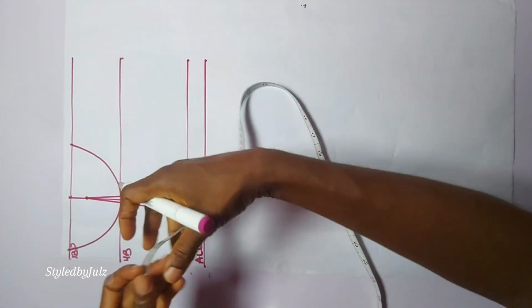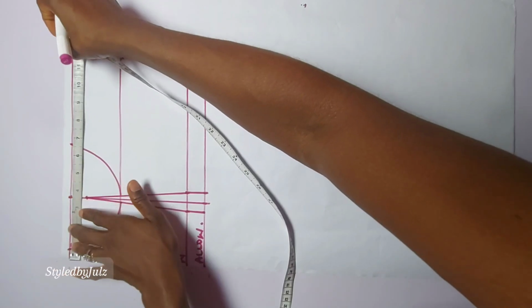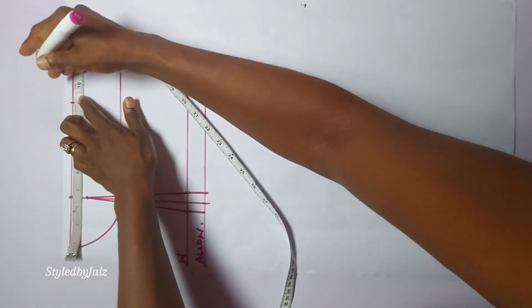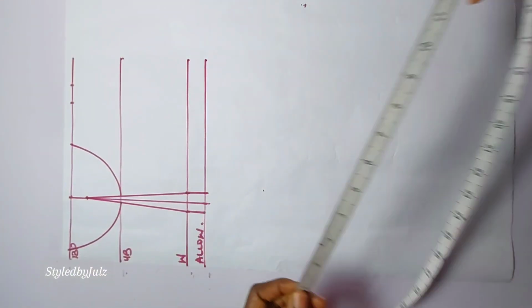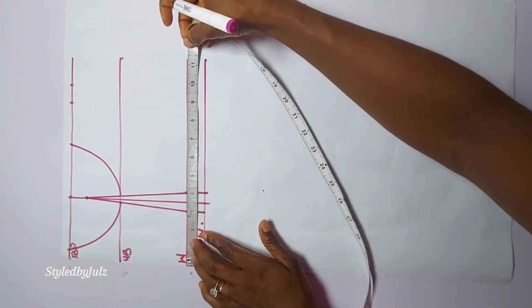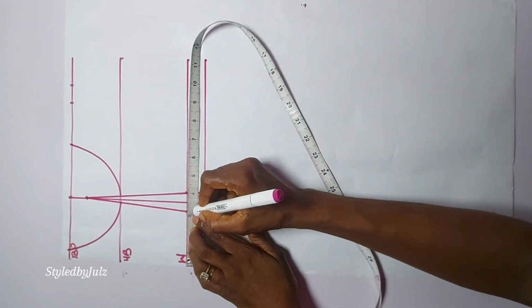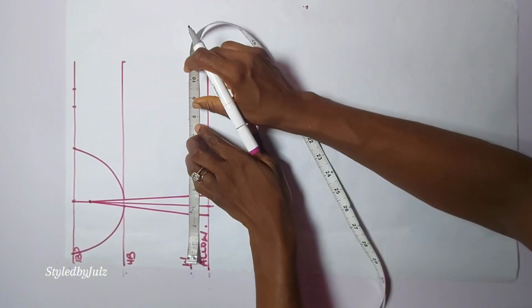And then from here on, we can begin to input our body circumference. A quarter of my bust measurement is 9 inches. I'm just going to mark 9 inches here and then 1 inch for sewing allowance. And then at the waistline, a quarter of my waist measurement is 7.5 inches. Of course, I'm going to replace the 1 inch that I took.